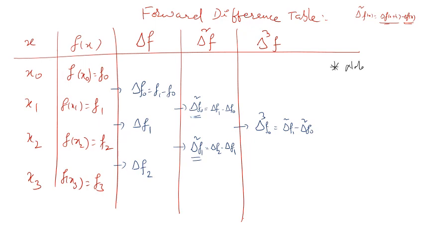Note that the differences delta power k f naught, that is delta f naught, delta square f naught, delta cube f naught, and so on, lie on a straight line sloping downwards to the right.